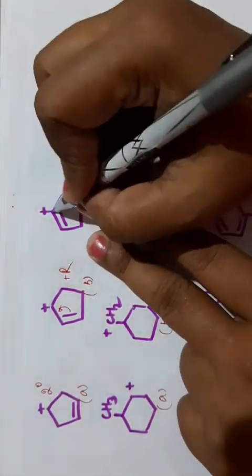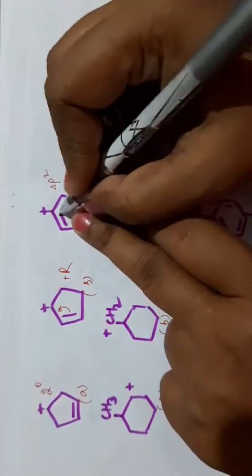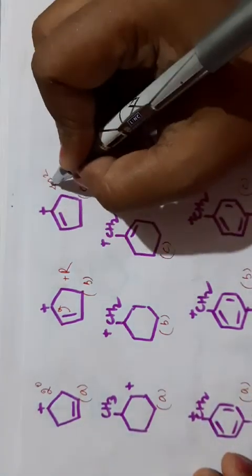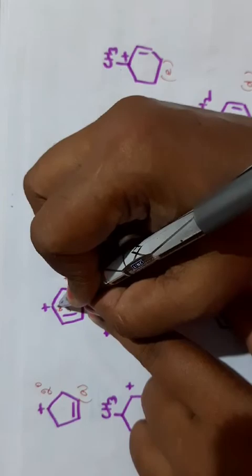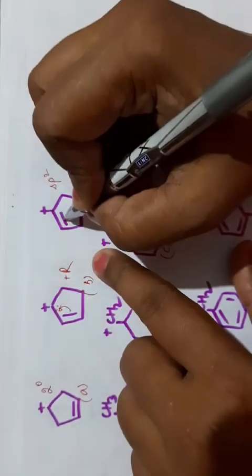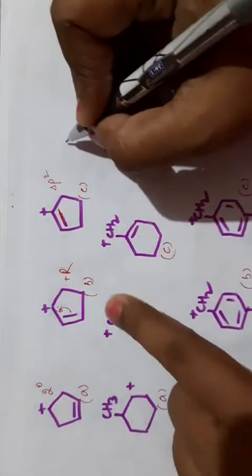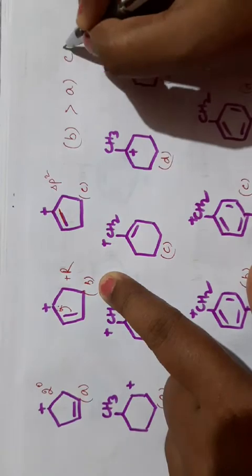Here it is sp2 hybridized, so the charge is present on sp2 hybridized carbon. So what will be the arrangement? This will be more stable because here resonance is taking place. Then here it is present on double bonded carbon, and here it is a 2-degree carbocation. So first will be B, then A, and then C.